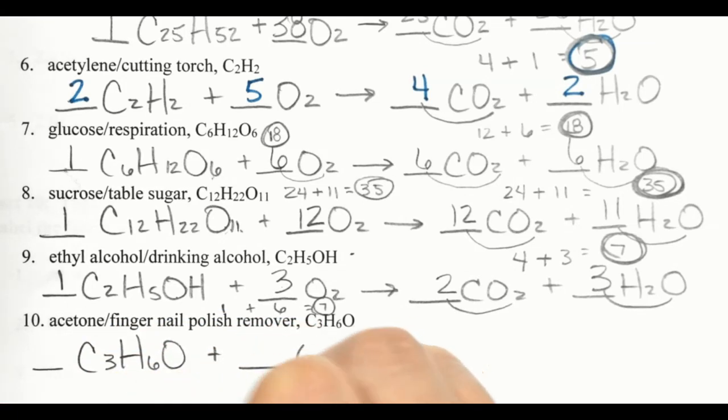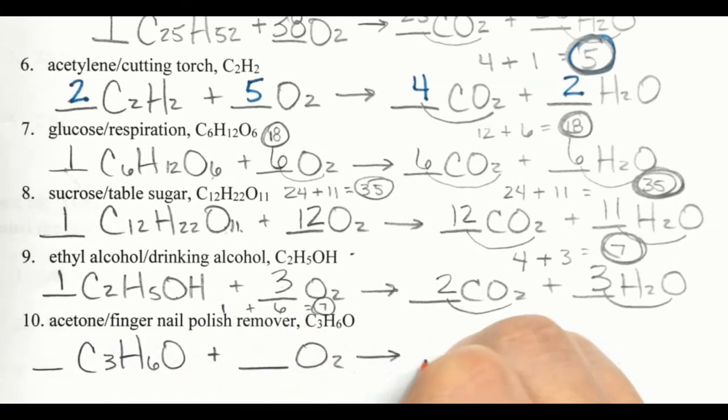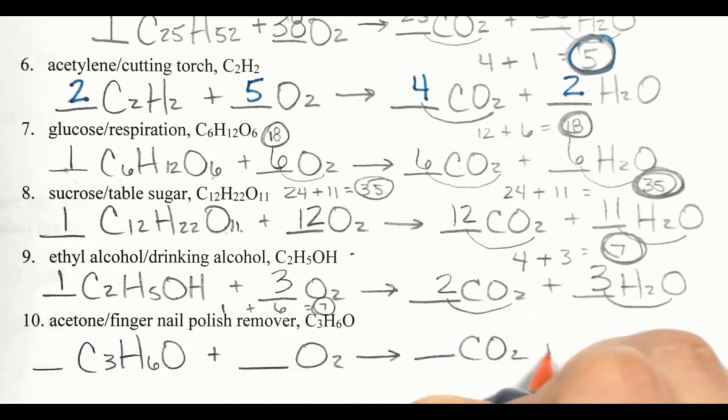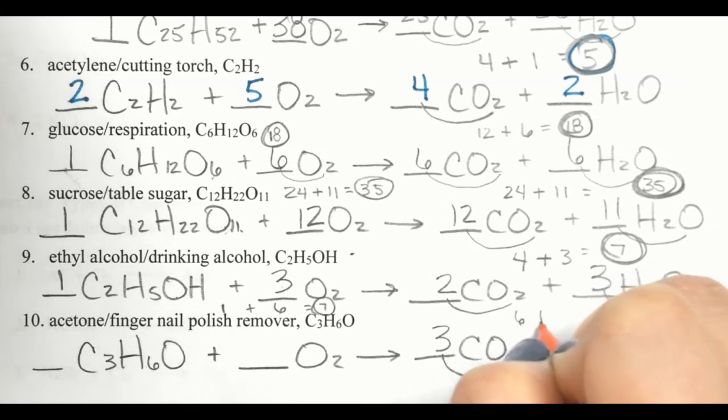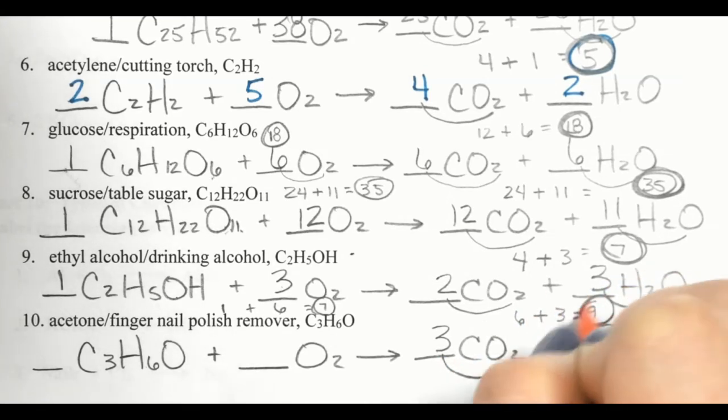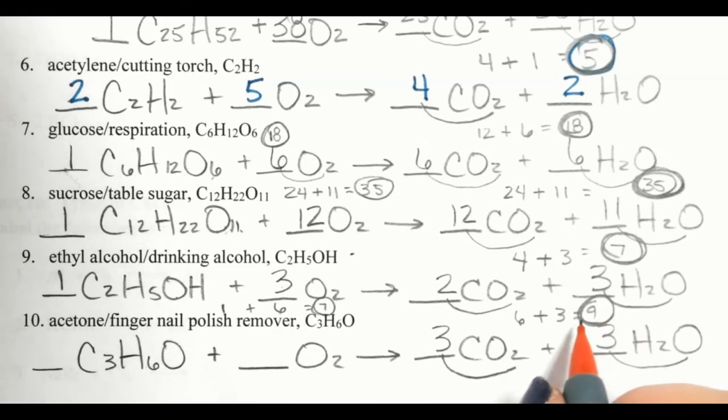C3H6O plus O2 yields CO2 and H2O. 3 carbons on the left, 3 carbons on the right, 6 hydrogen on the left, so 3 times 2 is 6 hydrogen on the right. And now let's add these oxygens. 3 times 2 is 6 plus 3 equals 9 oxygens on the right.